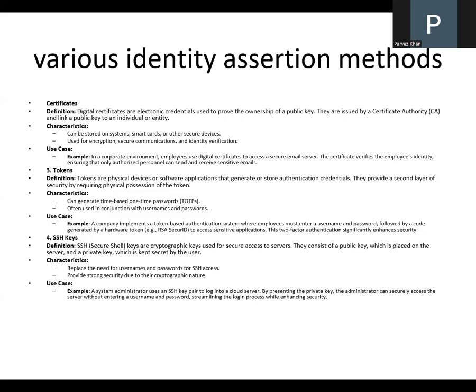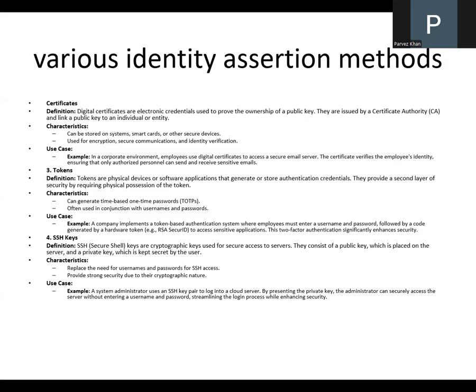And there's a use case for the token. A token is an authentication mechanism, a second layer of protection, where time-based authentication is used. For example, an RSA token: if I am using the username and password, it will ask for second-factor authentication, a time-based password.